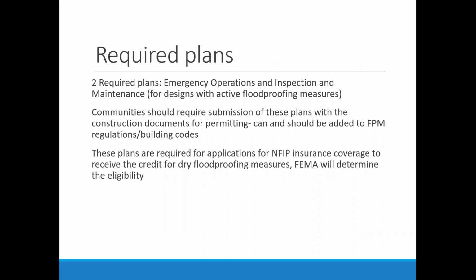That has to be part of a design that has active floodproofing measures. The community should require the submission of these plans to the community official because it also has to be part of the certificates that they sign and seal that the design is going to withstand the base flood.